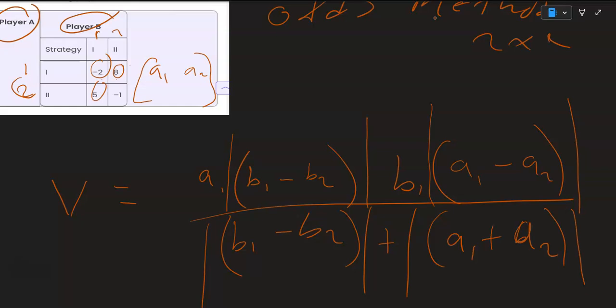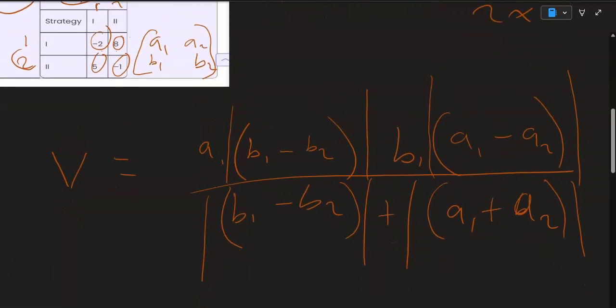Then we have 5 down there, which is represented by B1, and -1, which is represented by B2. Then we begin to get the variables like that. A1 is sitting in this place, because if I make a box here, you will see that this box is this box, and so on and so forth.